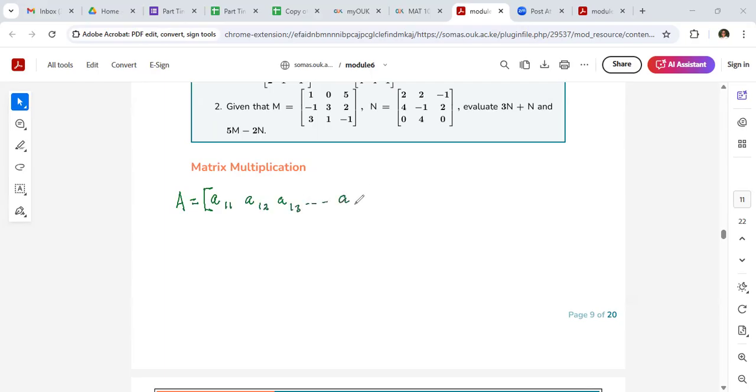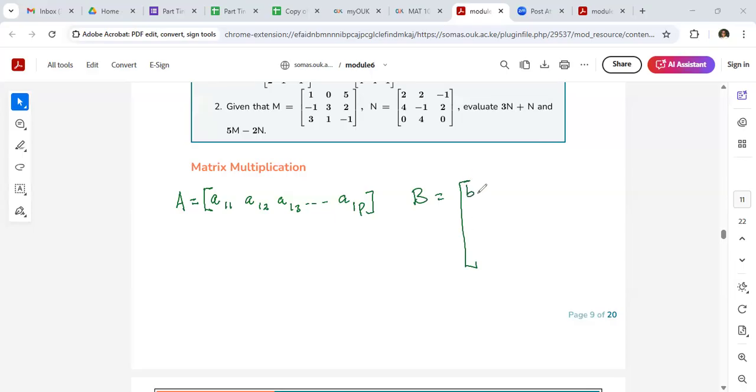Sorry for the confusion. It's okay. It's a row matrix, actually, not a row vector. So this is a row matrix, a matrix that has one row and p columns. Then we have the column matrix.